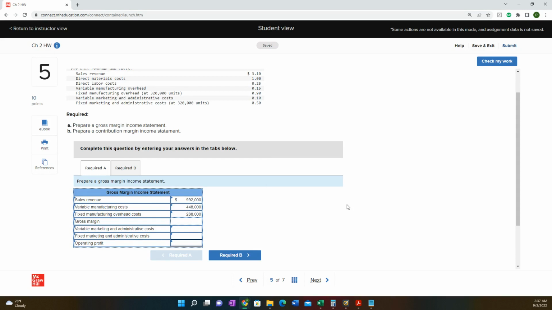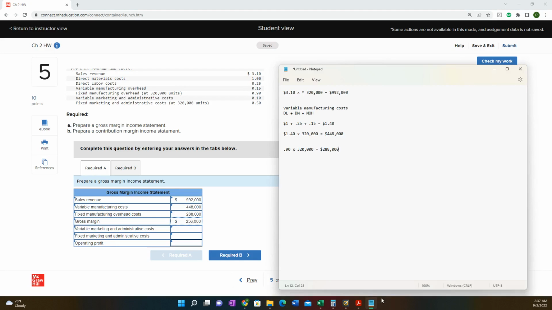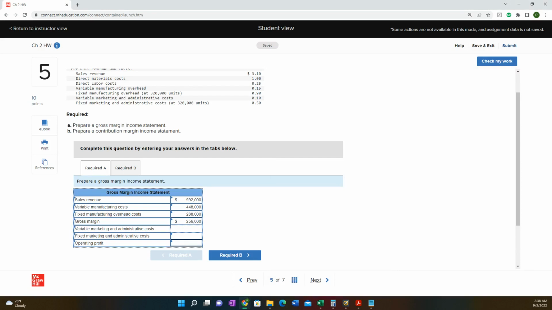Next line is variable marketing and administrative. That's 10 cents per unit times 320,000 units, which is $32,000. Fixed marketing is 50 cents per unit times 320,000 units. So if we take our $256,000 gross margin, subtract out the $32,000 in variable marketing and $160,000 in fixed marketing, that gives us a total operating profit of $64,000.